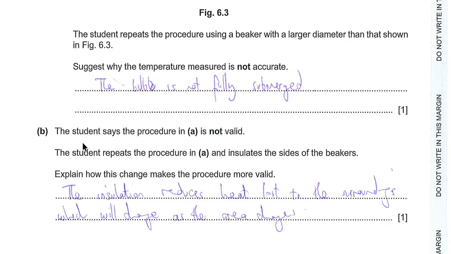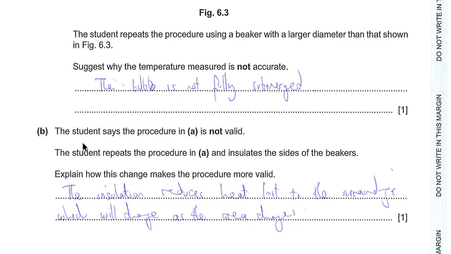Okay. The student says the procedure in A is not valid. They repeat the procedure in A and insulate the sides of the beakers. And we want to know why this makes the procedure more valid. Well, in our experiment, we're trying to find out the effect of area, but specifically the top, the cross section. But as we change the size of the beaker or the volume of the water, etc., we're going to get heat loss through the sides of the beaker.